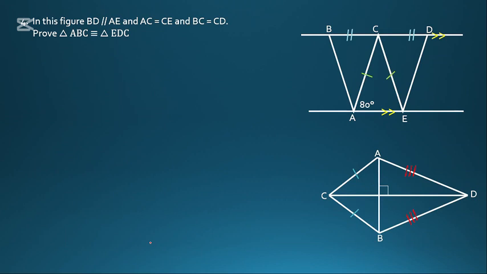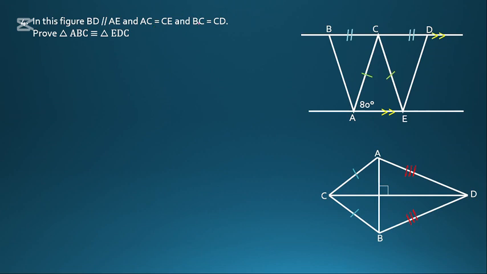Right, next one. Here we have, in this figure, also looks a bit complicated, but it's not at all. In this figure, BD is parallel to AE. So don't forget those two parallel lines there. Right, can you see them? And AC is equal to CE. There's two sides, they are equal.